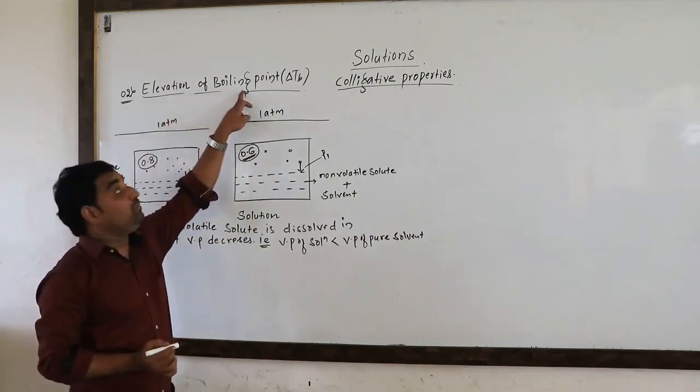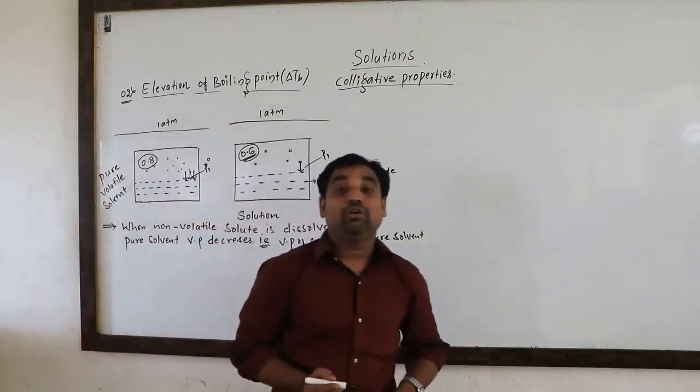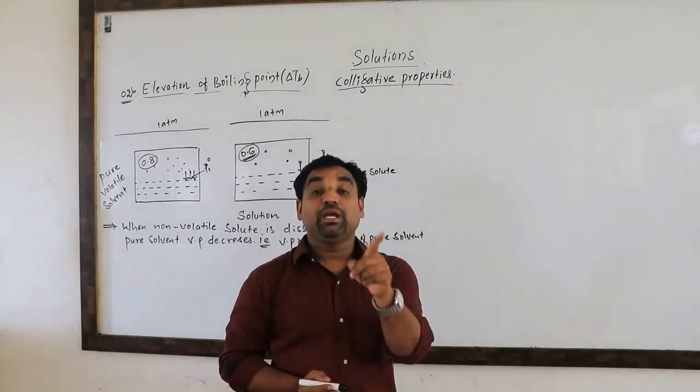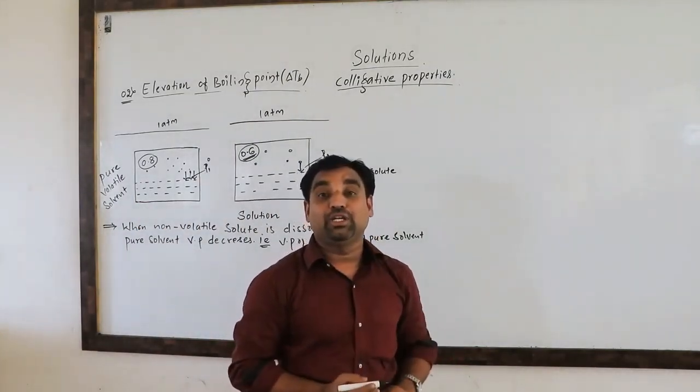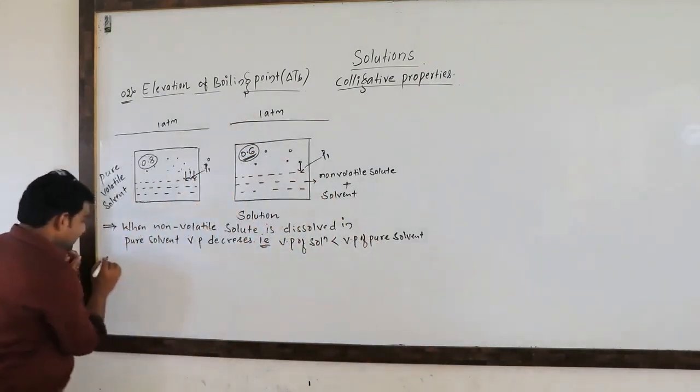So we have to know the meaning of the boiling point first. What is the meaning of the boiling point? Boiling point means the temperature at which the vapor pressure of a liquid becomes equal to the atmospheric pressure. So that temperature is known as the boiling point. So how to define the boiling point?